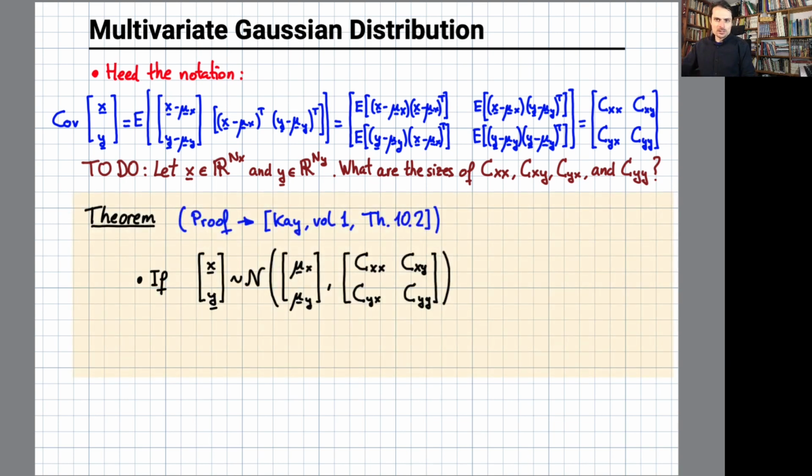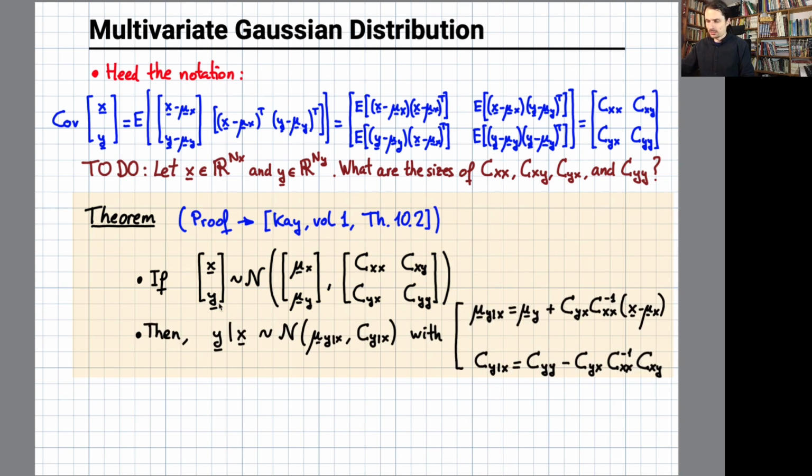Now let us extend the theorem that we presented earlier to this multivariate Gaussian distribution case. So suppose that a random vector defined in terms of these two blocks has a multivariate Gaussian distribution with this mean and covariance matrix.